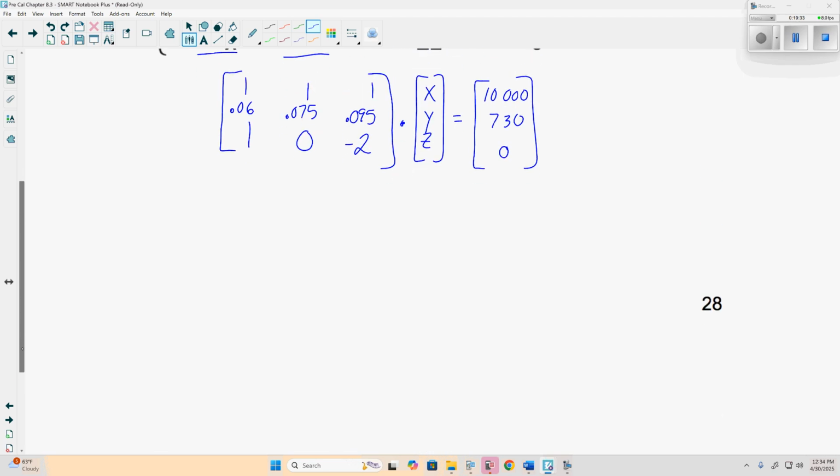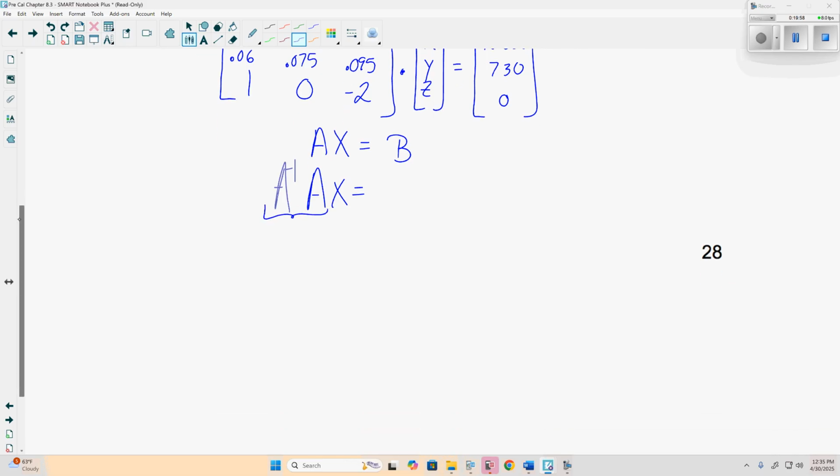Now the way this works is that we'll call this first one matrix A, this one matrix X for our variable set, and this one B. Now if we multiply on the left-hand side by A inverse, A inverse times A will give us the identity matrix times X, which is just X, because the identity is just 1 for our matrices.